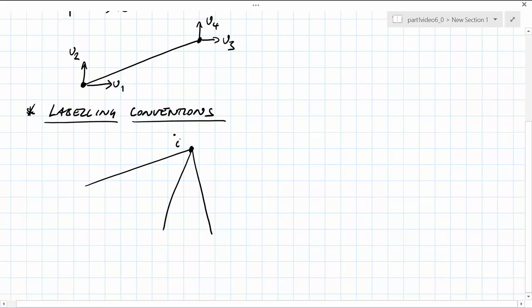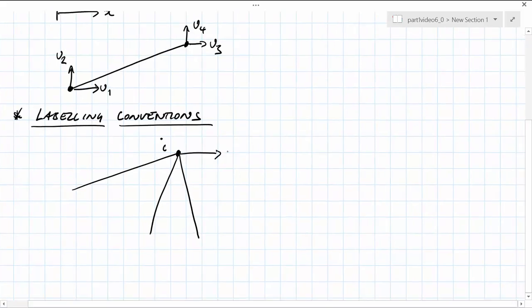At point I, we have degrees of freedom u2i minus 1 and u2i.